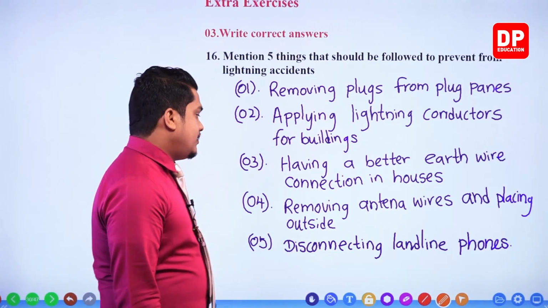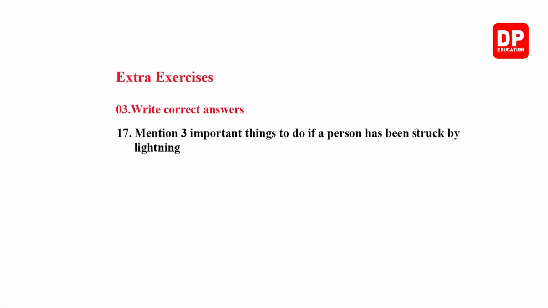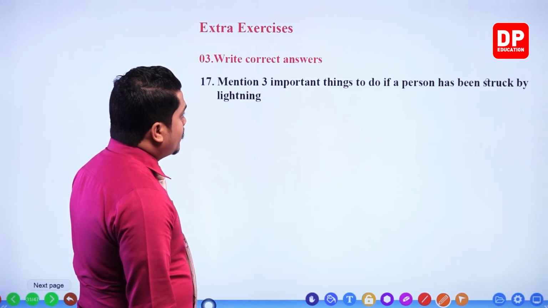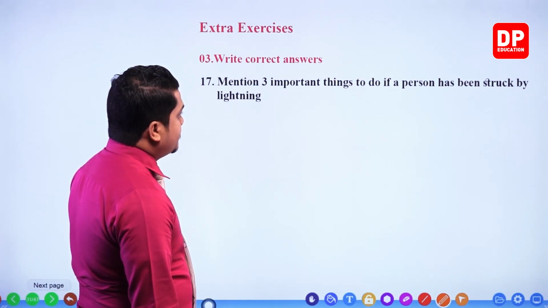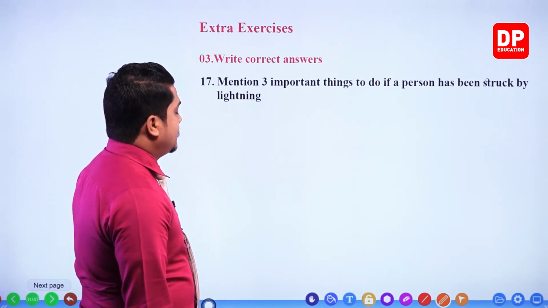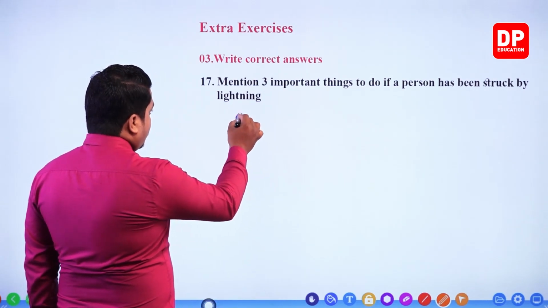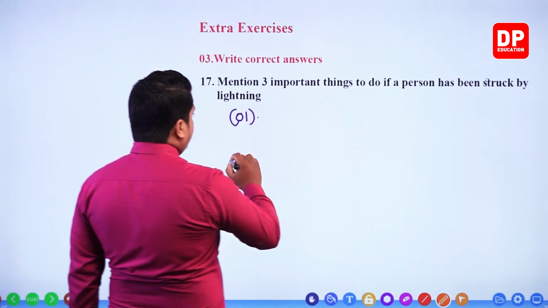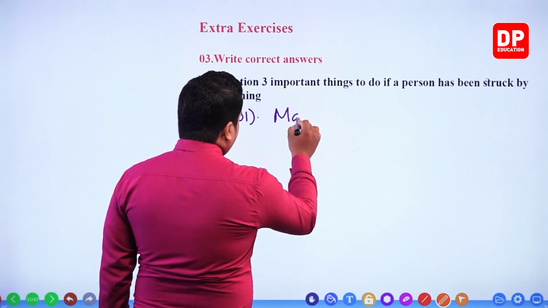Okay, right. Then the next one, question number 17. Right, question number 17. Mention 3 important things to do if a person has been struck by lightning. So number 1, massaging.